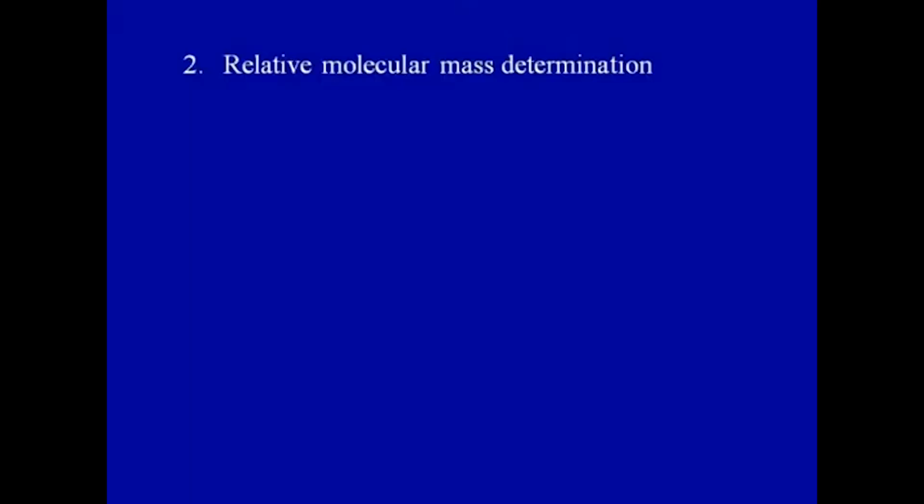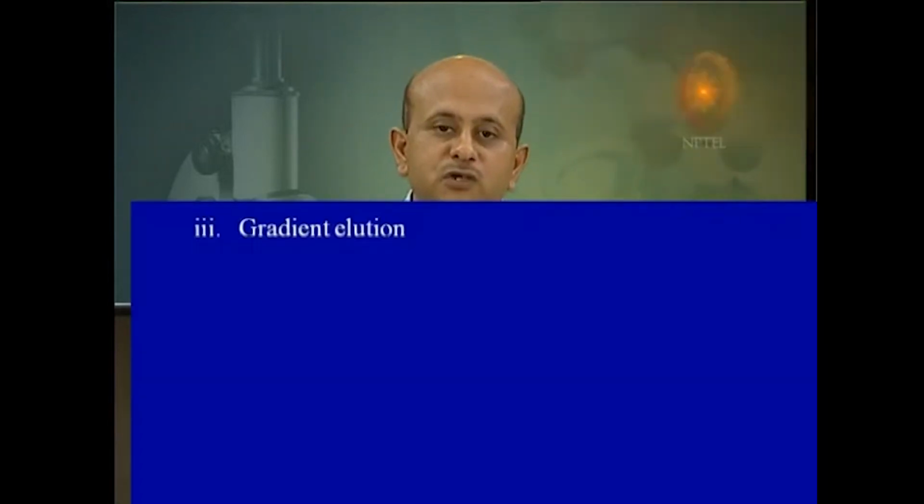Relative molecular mass determination could be performed on a gel filtration column. What happens is, like I said, elution volumes of globular proteins are a characteristic value, and they could be determined by the relative molecular mass. So, if you run certain standard proteins for which you know the molecular mass and the elution volumes, then you have a standard graph which could be plotted.